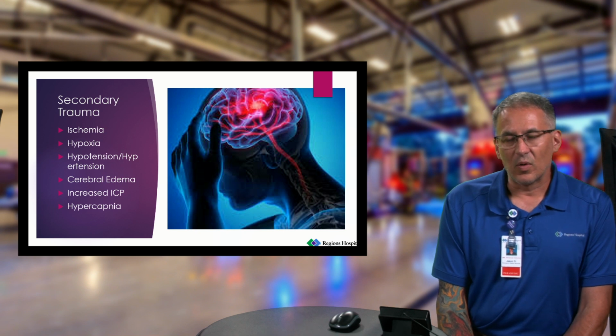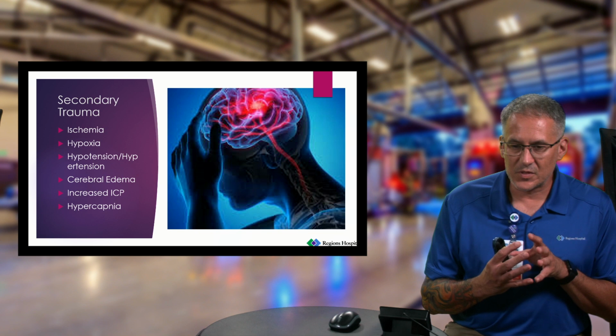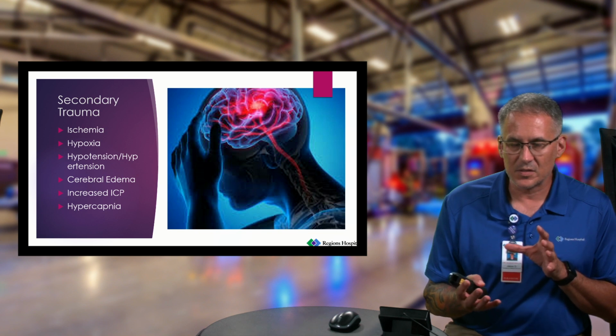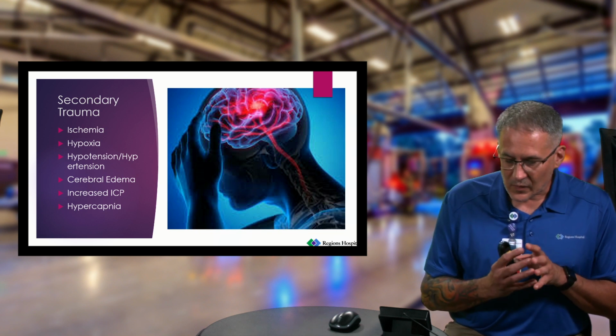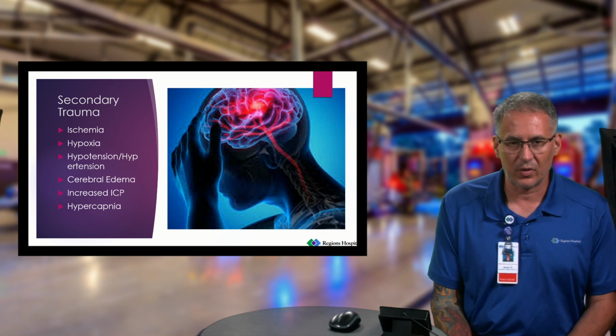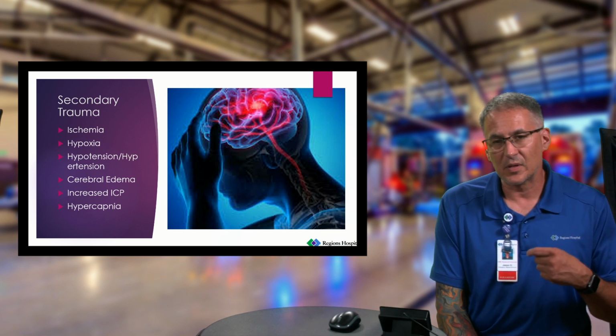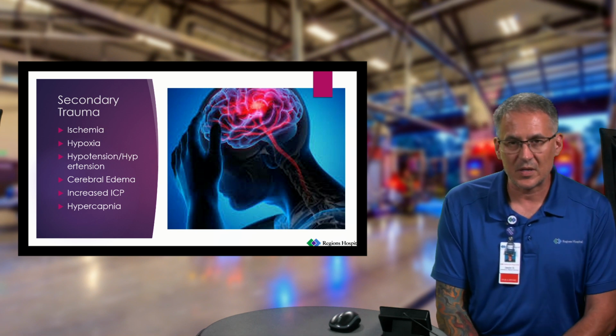Along with that, if we look at these symptoms within secondary trauma, this is like a continuum as the injury progresses. With that injury to the brain, we're obviously going to typically get swelling and cerebral edema.